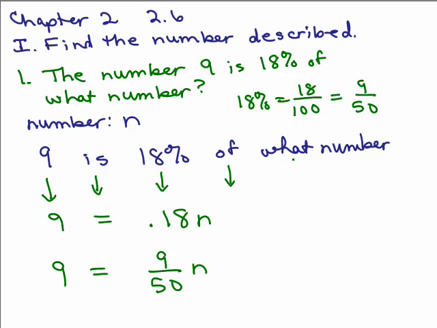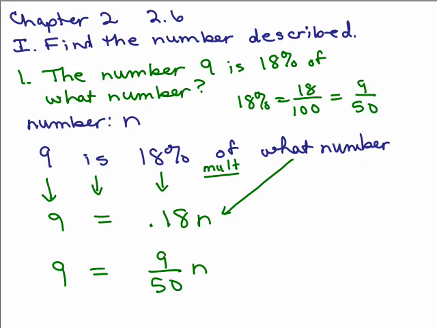So this means of really just means multiply. Okay, so we're doing 0.18 times n or 9/50ths n. Alright, so it's up to you which you'd rather do.